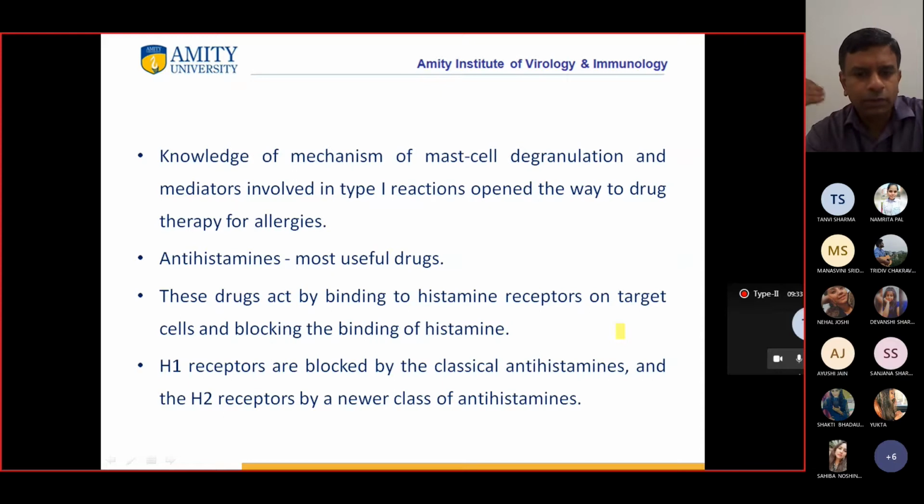But then, as scientific people, we also need to develop some drugs for such conditions, right? Knowledge of the mechanism of mast cell degranulation and mediators involved in type 1 reaction opened the way to drug therapy for allergies.